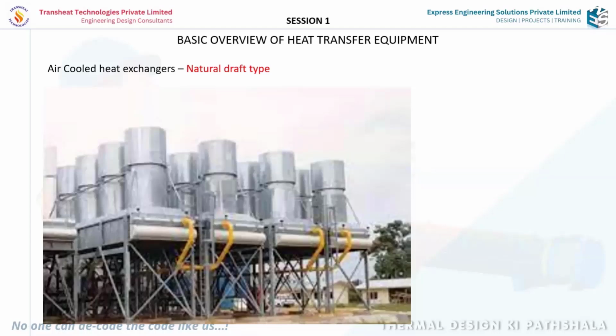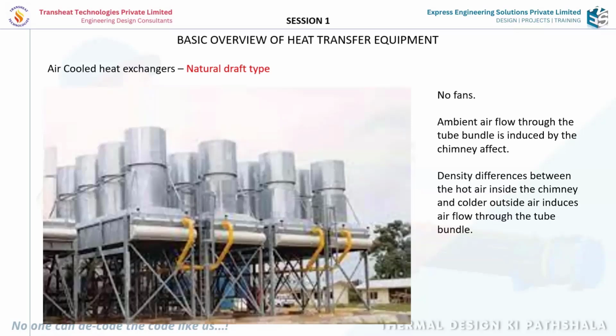In a natural draft unit, there is a chimney on top of the tube bundle, and the temperature difference between the hot air inside the chimney and the cold ambient air outside the chimney is what sets up a flow of air through the tube bundle and the chimney. So the airflow occurs because of density differences between the hot air inside and the cold air outside the chimney. And that is how a natural draft unit would work.